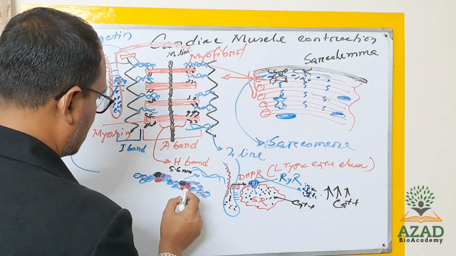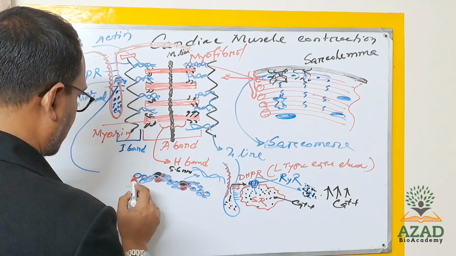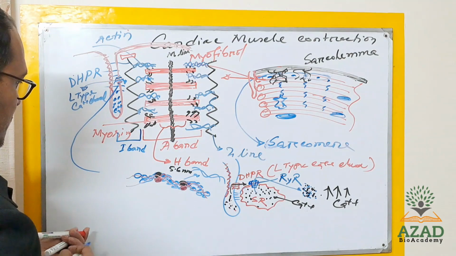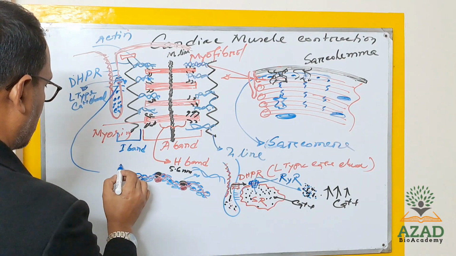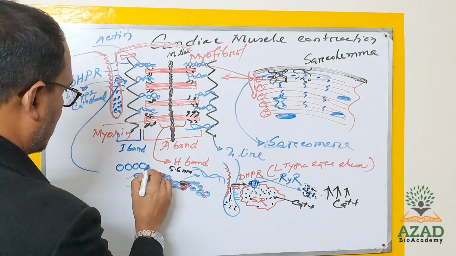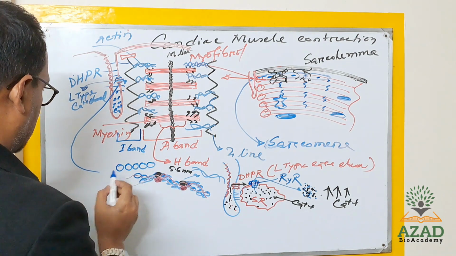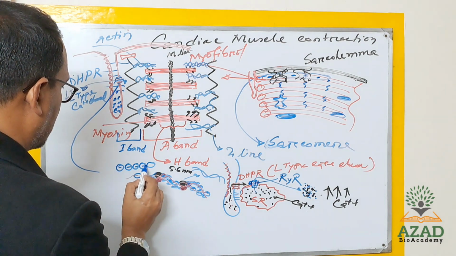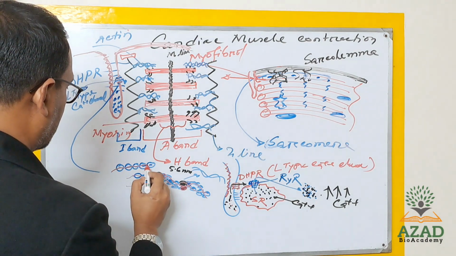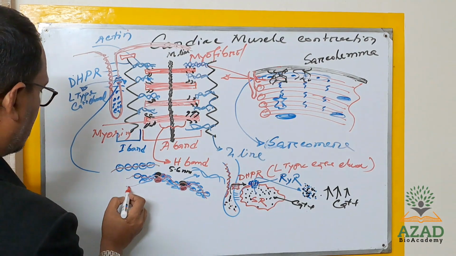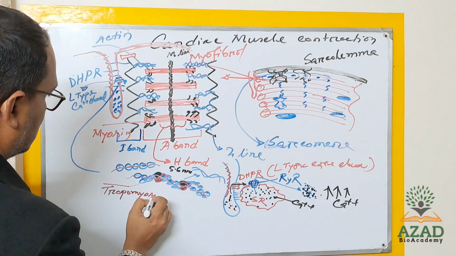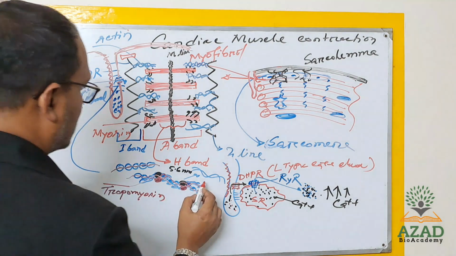If you think this is your actin protein chain, and this is your binding site, it is blocked by a special chain protein that is called tropomyosin.